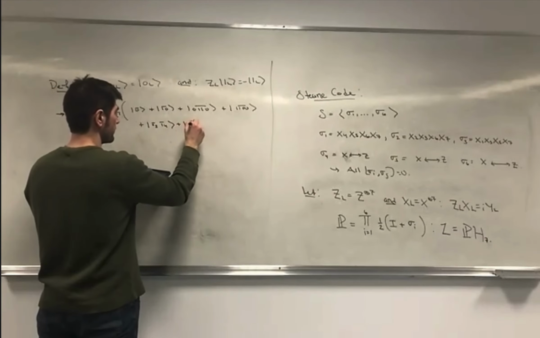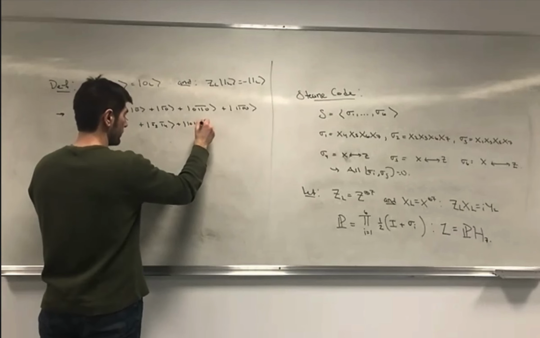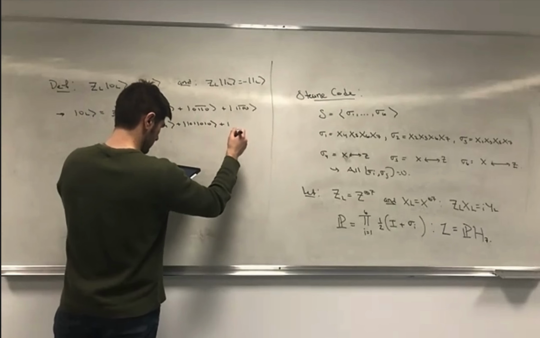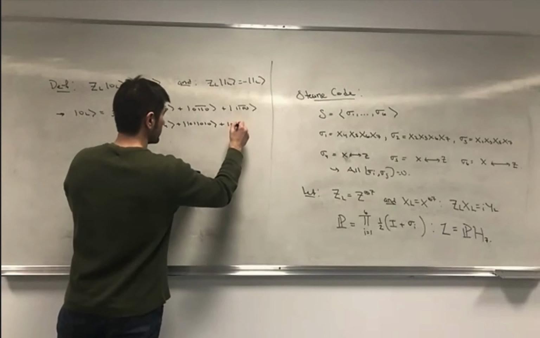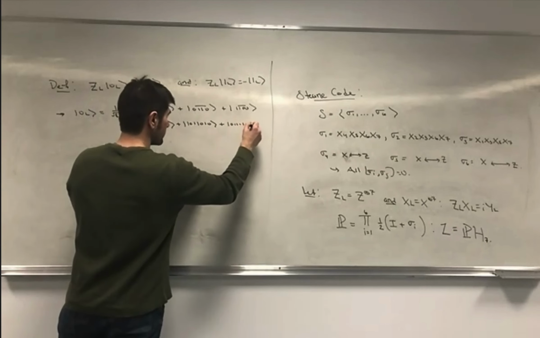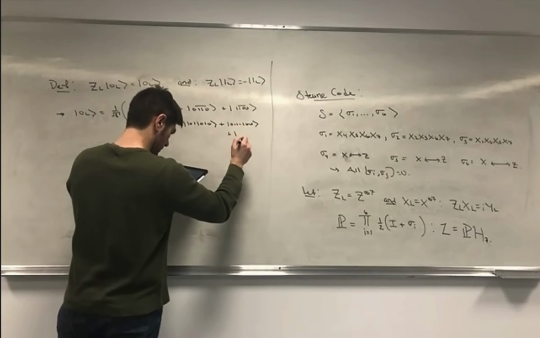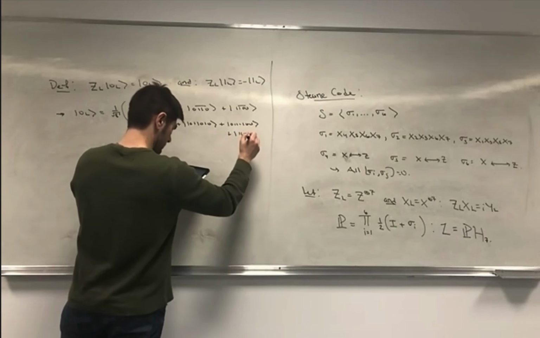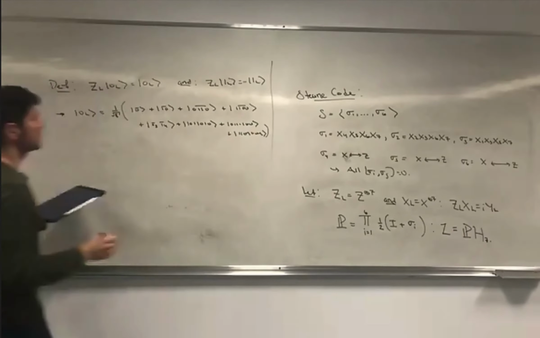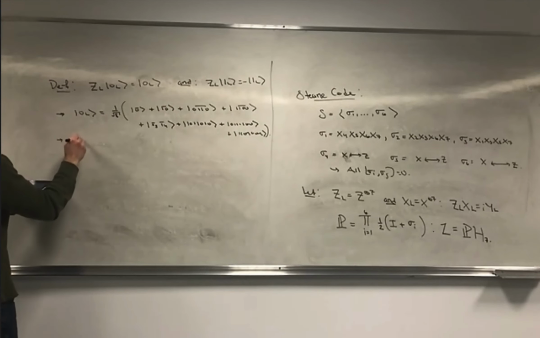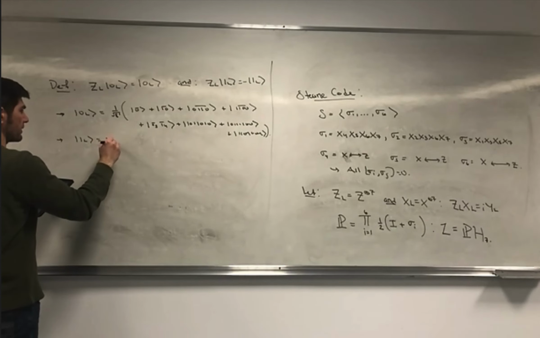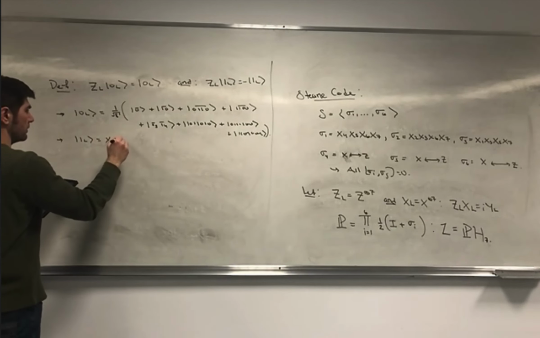So 1011010 plus 0 0 plus 1 1 0 1. And the 1_L is going to be just given by X_L acting on 0_L.